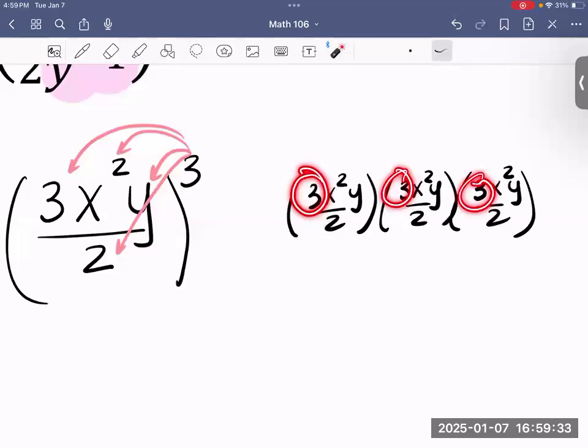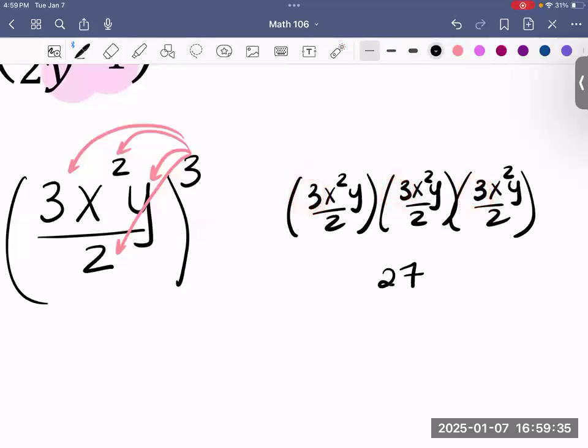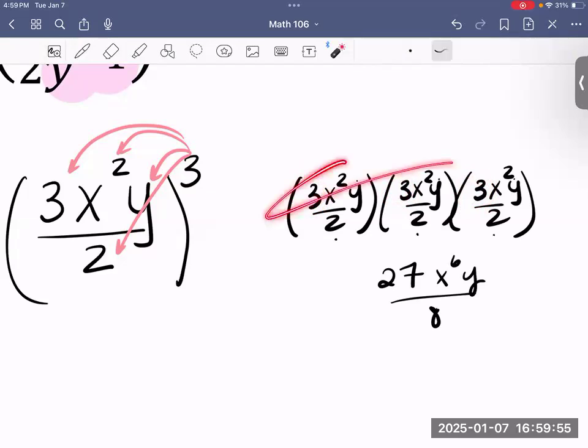That makes us get 27. And x squared times x squared times x squared, that's 2, 4, 6, that's x to the 6. Now I have y, 1, 2, 3. Now I have 2, 1, 2, 3, so that's 2 times 4 times 8. So your answer should look like this in the end. It's just, we don't want to do all that work.